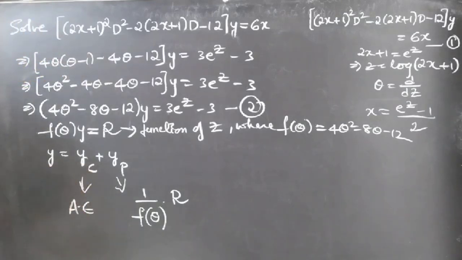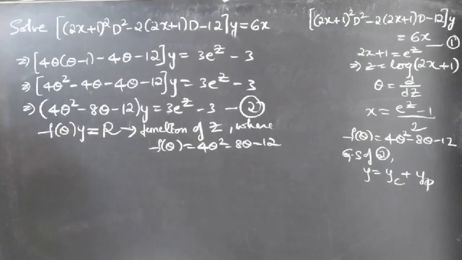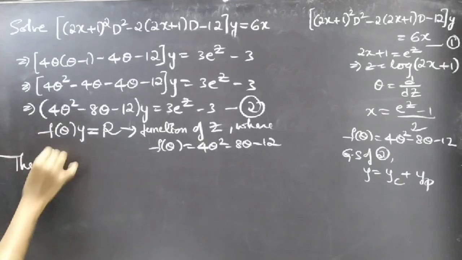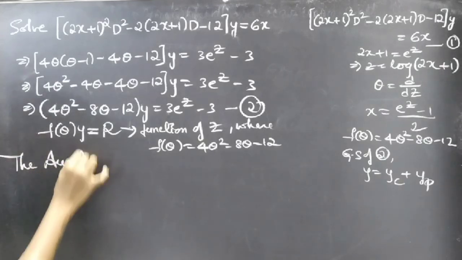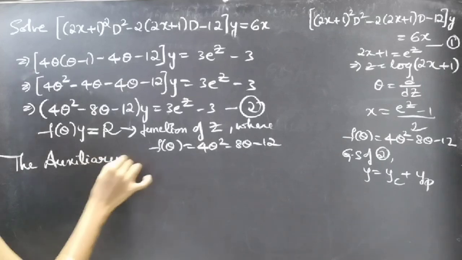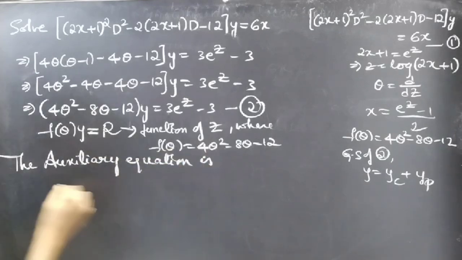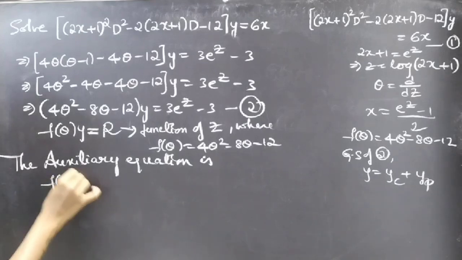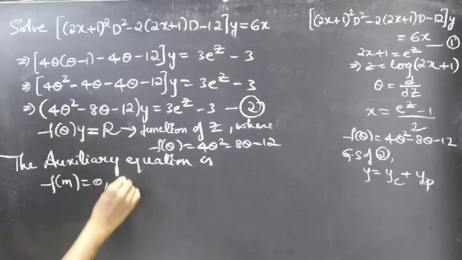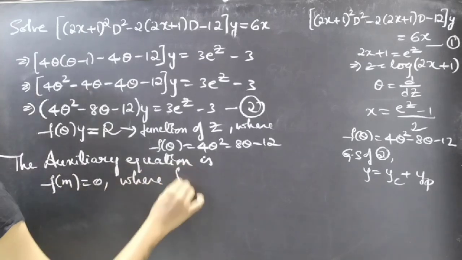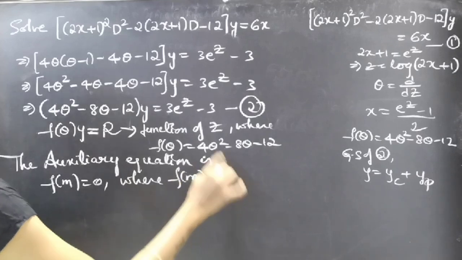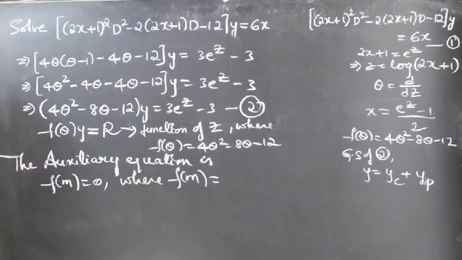Firstly we'll begin with the auxiliary equation in order to find yc, and later we'll go for yp. The auxiliary equation is f of m equal to 0, where we have f of theta as 4 theta square minus 8 theta minus 12, right?